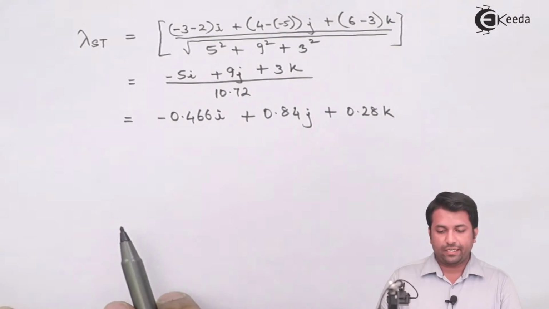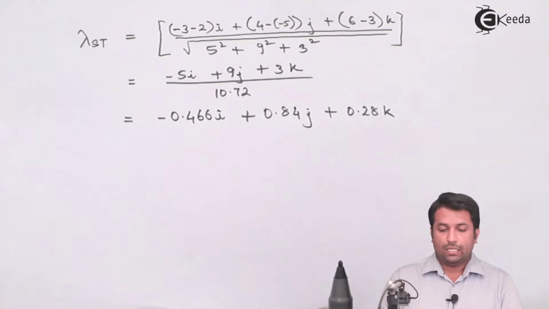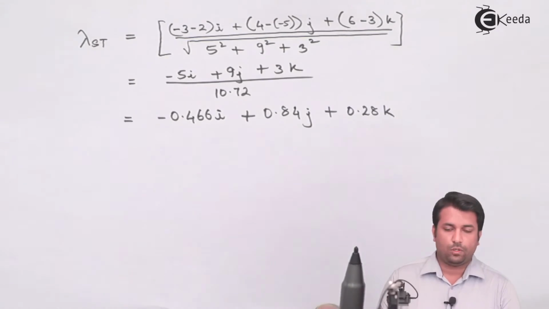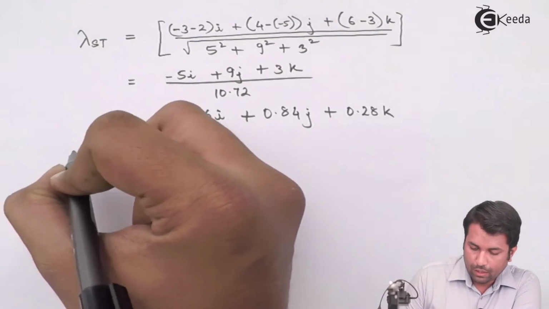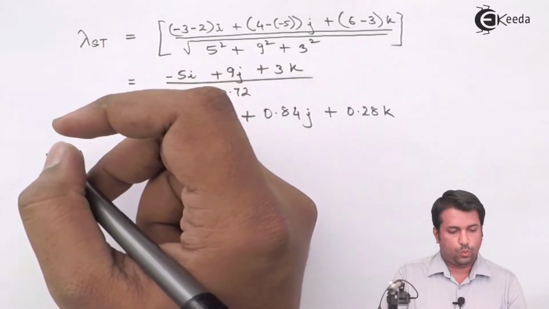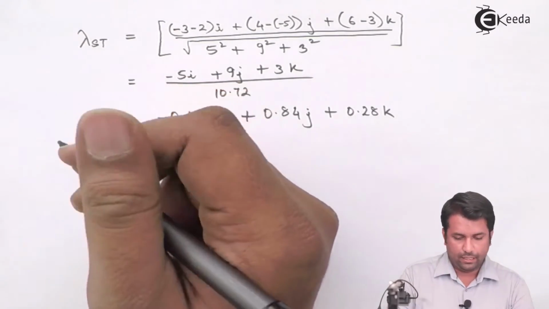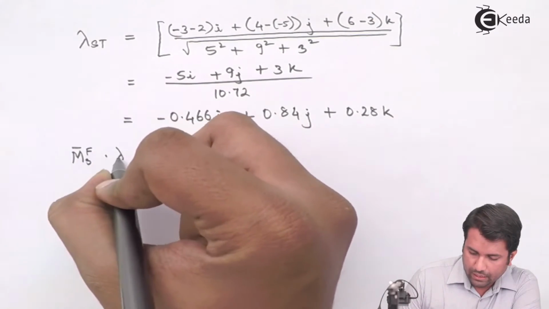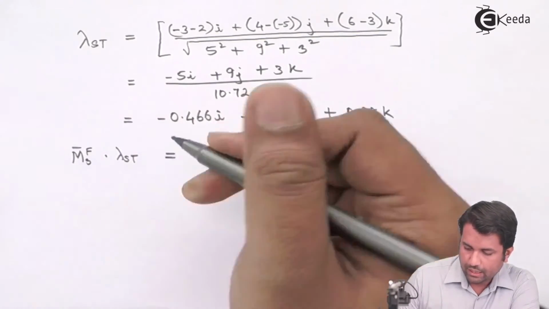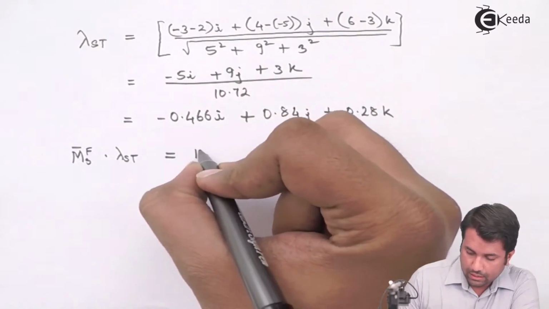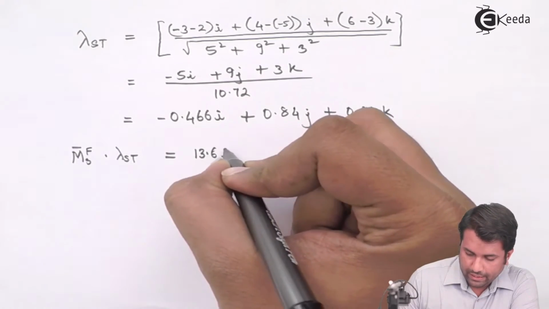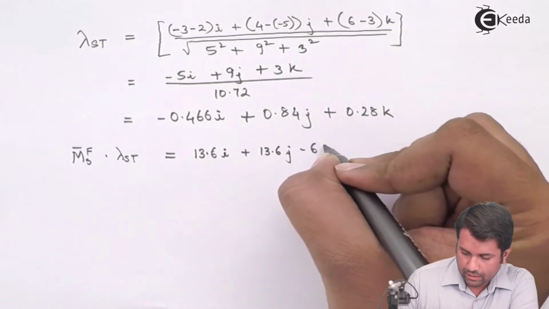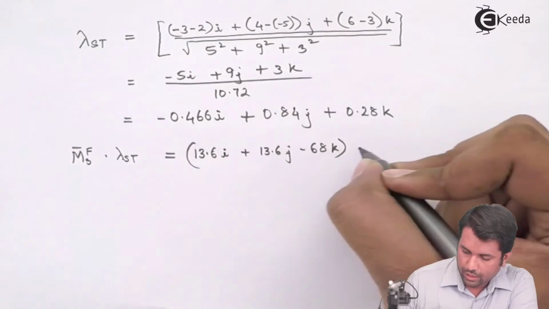Once we have got the unit vector, I'll take the dot product of the moment vector and this unit vector to get the magnitude of the moment. So that will be the moment vector, which I have just calculated with respect to S, dot product with the unit vector along ST, that will come out as 13.6 I plus 13.6 J, 68 K dot product.